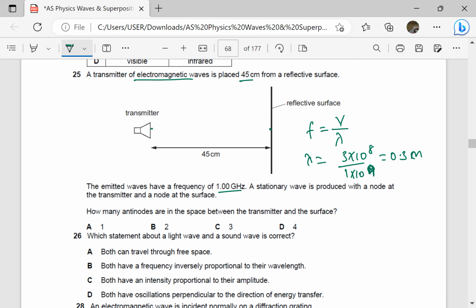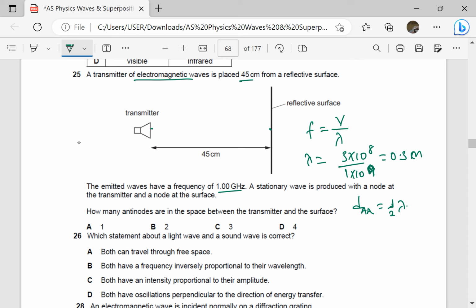And so since we have the wavelength, the distance between two successive antinodes is always half wavelength. In other words, the distance between two successive nodes is also half wavelength. So the question is, how many antinodes are there?